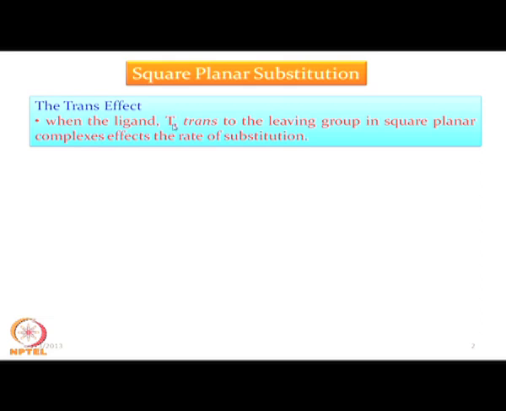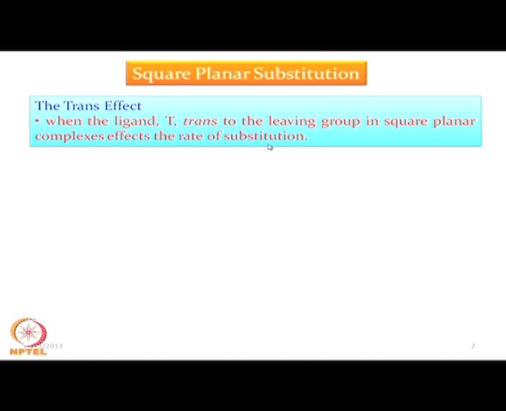So, if we have a ligand T, it is designated as the ligand remaining in the transposition. So, it is the transposition to the leaving group which is going away from the square planar environment, and that is responsible for affecting the rate of substitution reaction.